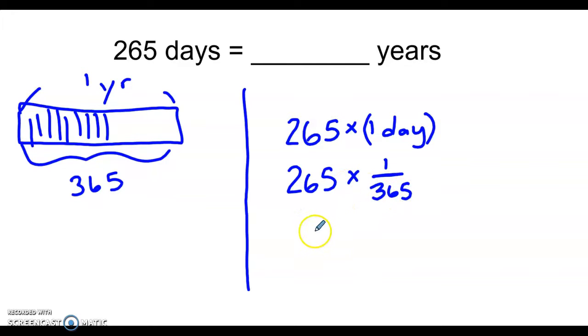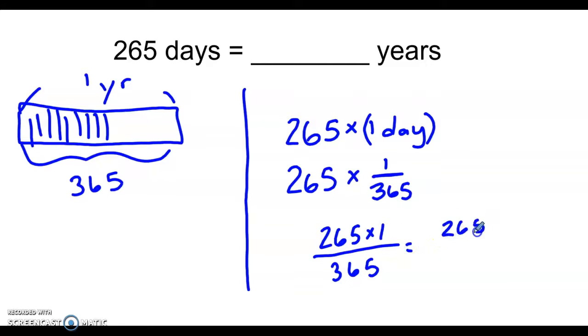I am then going to rewrite my expression, 265 times 1 divided by 365. Solving that, we know a basic fact, 265, my fraction line, which means divide, 365. And there is your answer.